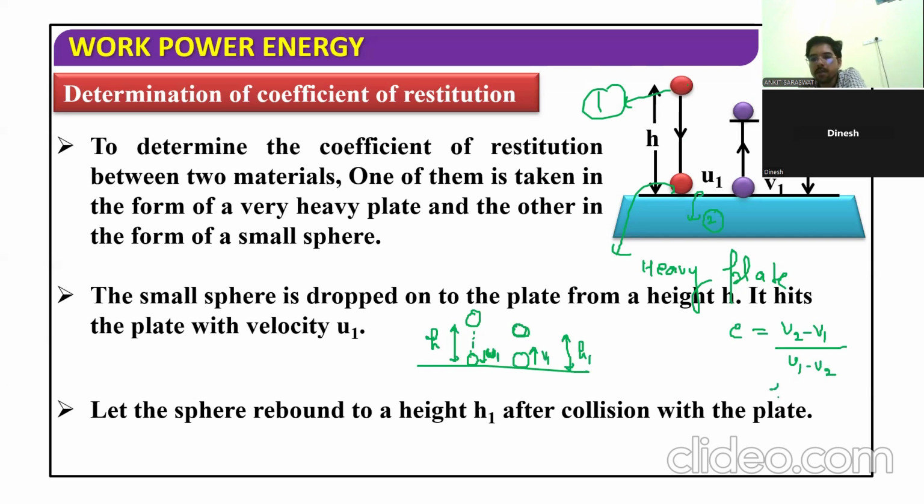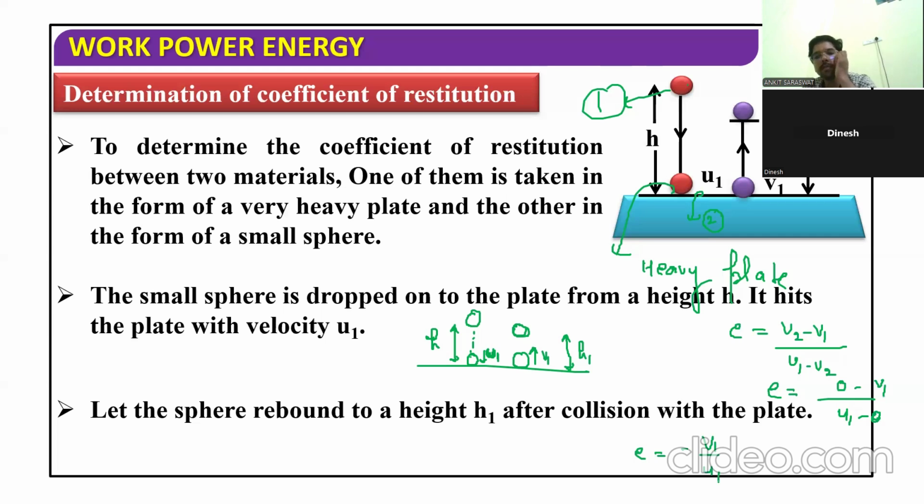So, what is the velocity of second body? That will be u1, 0. Even after collision, v1 of first body, v2 of second body, it is 0. Minus v1. So, E will be minus v1 by u1.